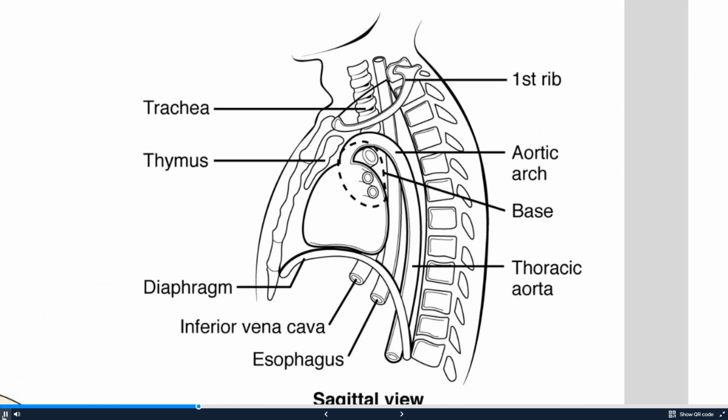In this representation of the sagittal view of the thoracic cavity, we can see the location of the heart. The dotted line points out where the base of the heart is. The aorta that emerges from the base of the heart ascends briefly, arches over, and then descends posterior to the heart, just anterior to the vertebral column.